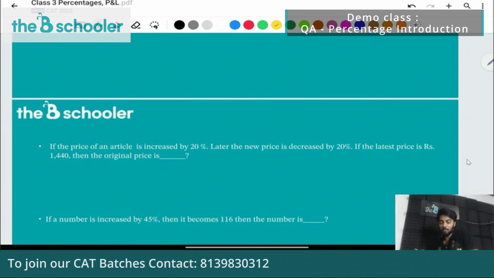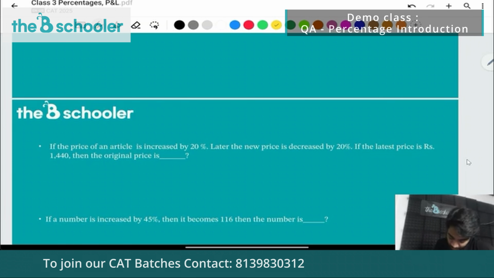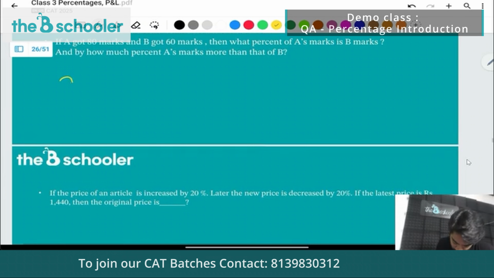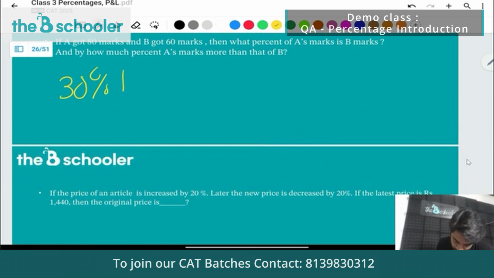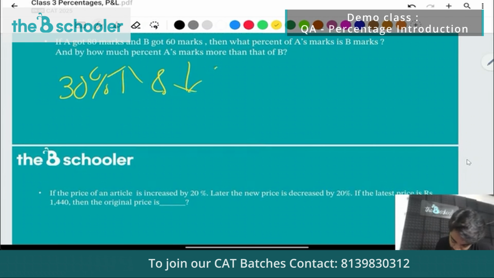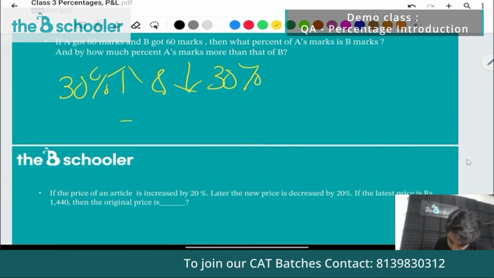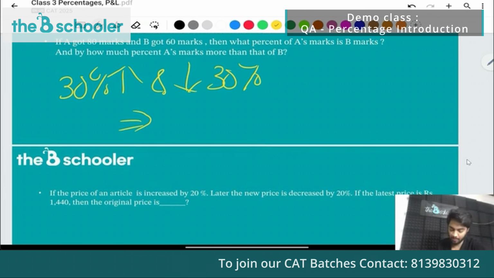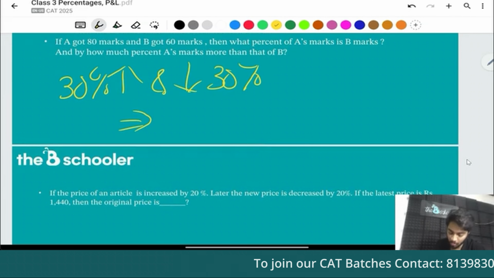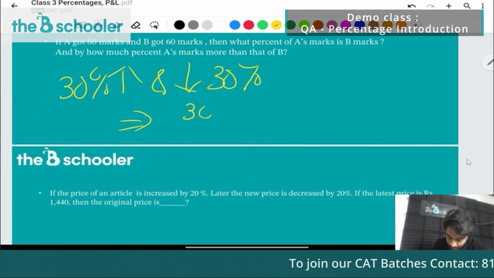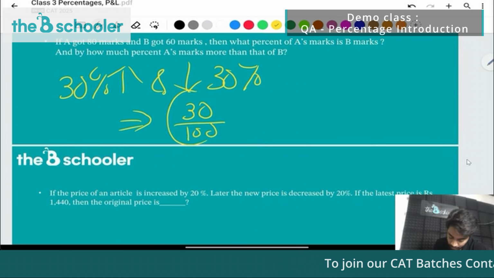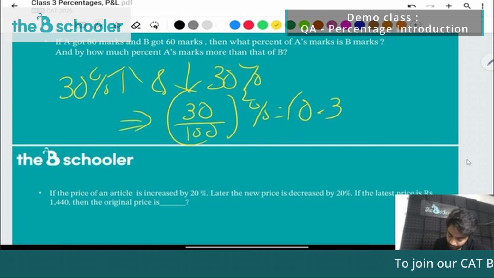9 percentage drop. So something is increased by 30 percentage and decreased by 30 percentage. You can generalize and say that the value is going to be down by 30 by 100 squared, which is nothing but 0.3 squared.